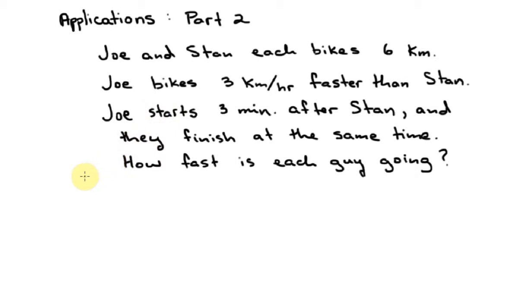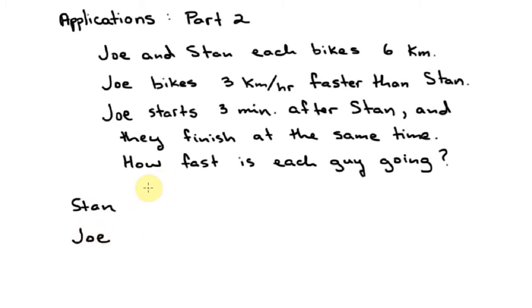So these typical type examples involve distances. We got 6 kilometers here as a distance. There's some talk of speed, and there's some talk of time. So really what you want to do is gather up your data. And we've got 2 categories here. There's Stan and there's Joe.